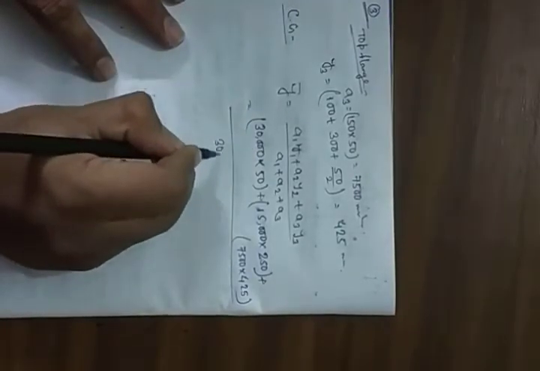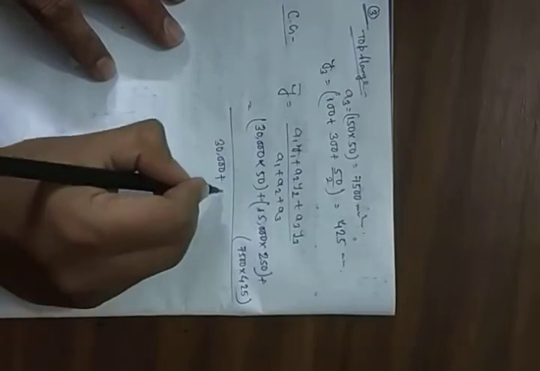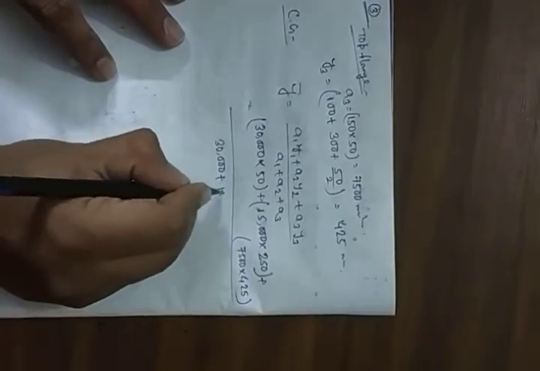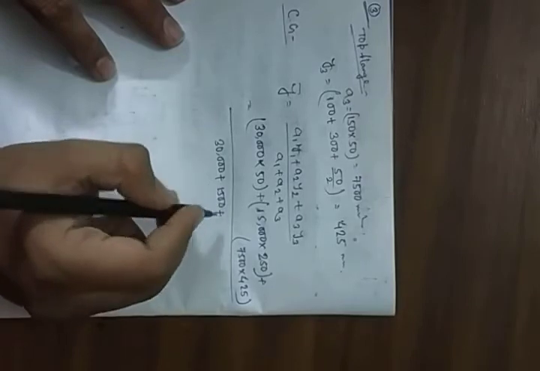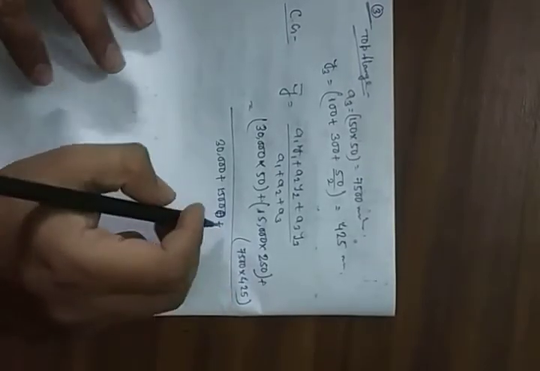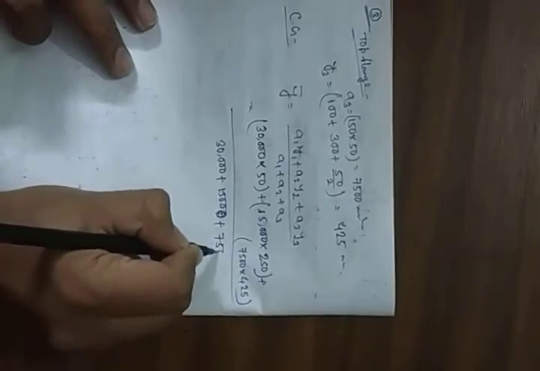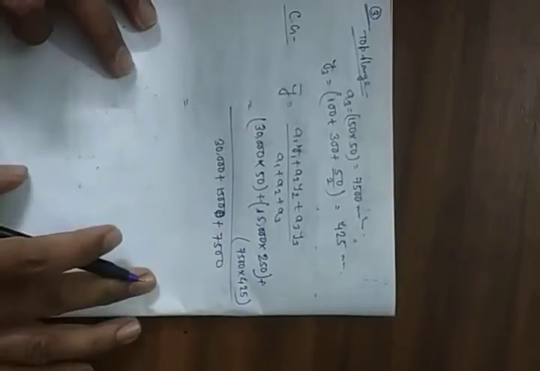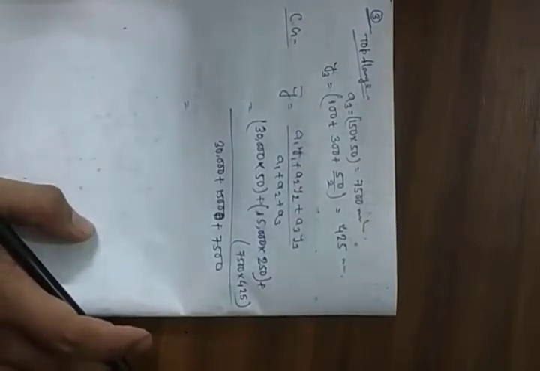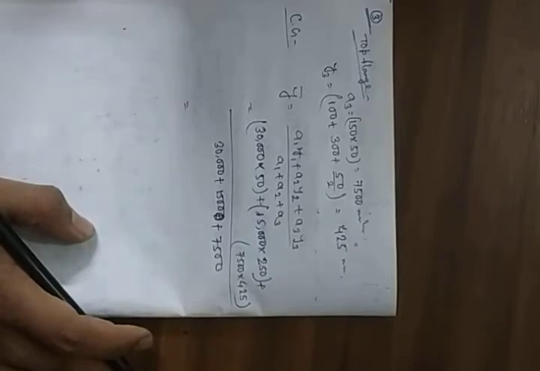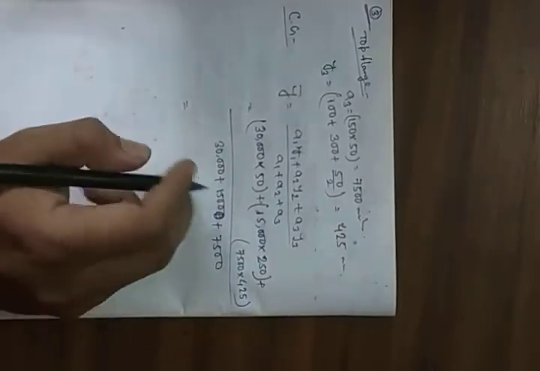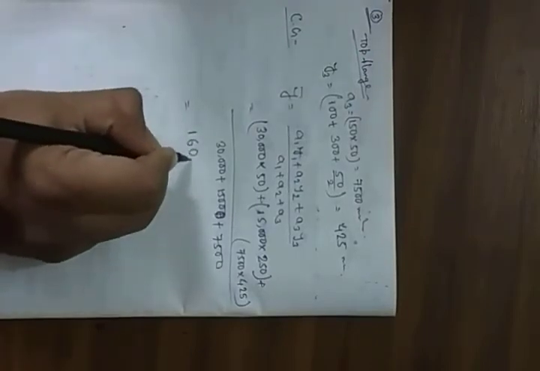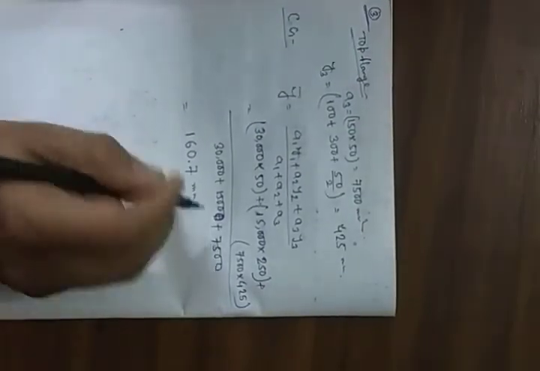A3 is 7500. So if we calculate, the value comes to 160.7 millimeter.